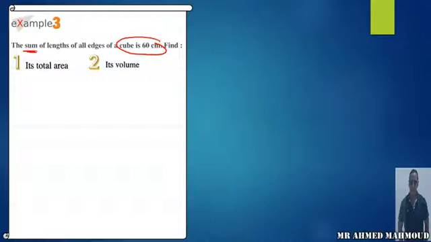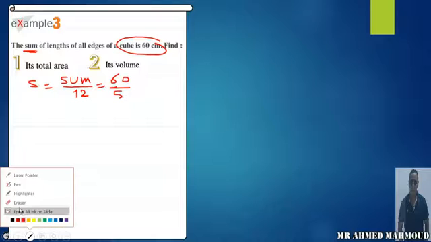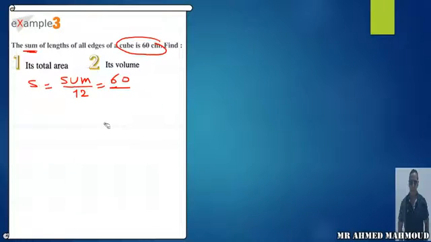Then to find the side length, the side here equals the sum divided by 12, which is 60 over 12, which equals 5 centimeters.